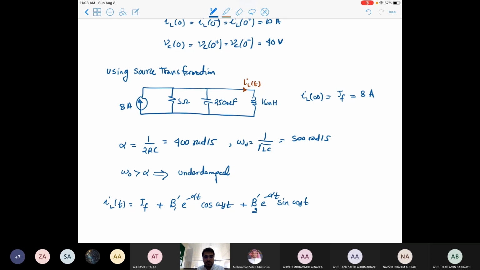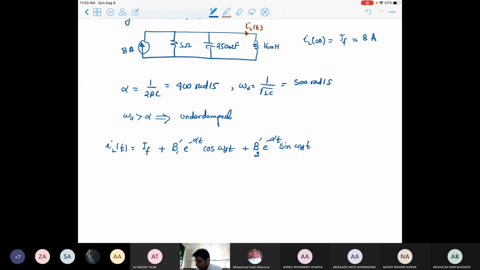I know alpha. What's missing here is the coefficients B1 prime and B2 prime, and I'm missing omega d. So omega d, the damped radian frequency, is going to be the square root of omega naught squared minus alpha squared, and this is going to be 300 radians per second.